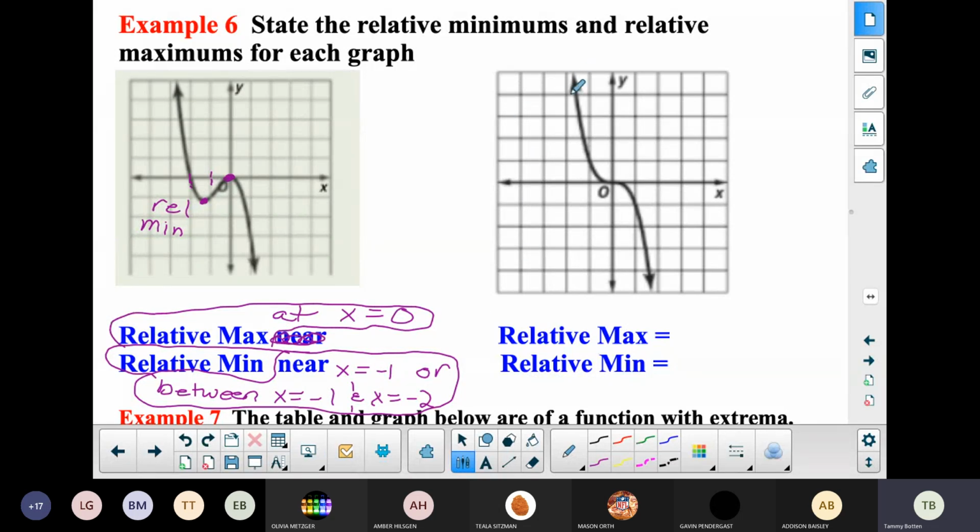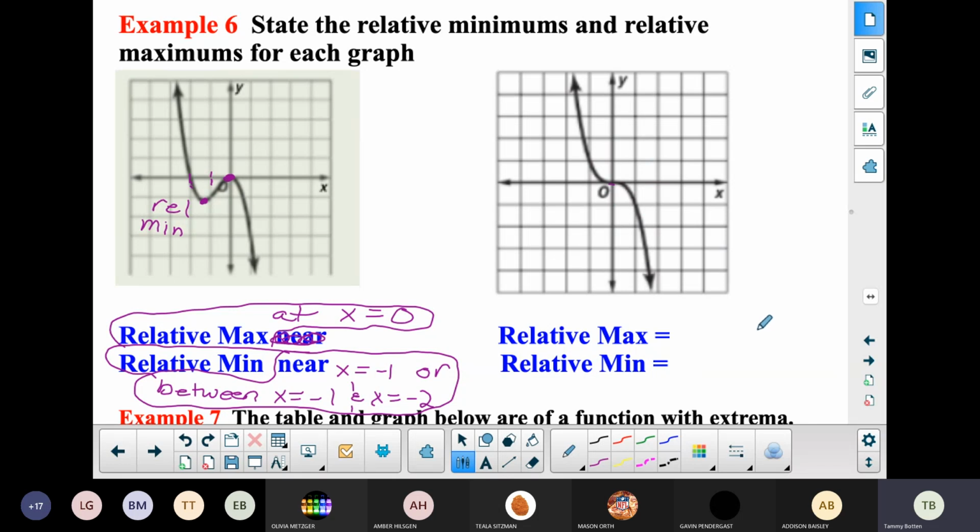Now this one, if you look at it, it keeps getting bigger and bigger and bigger. So our maximum is going to be infinity. And then it does come down and kind of flatten for just a little bit and then goes down, but it doesn't dip and go back up. It doesn't go up and come back down. It just kind of flattens a little bit and then goes to negative infinity.